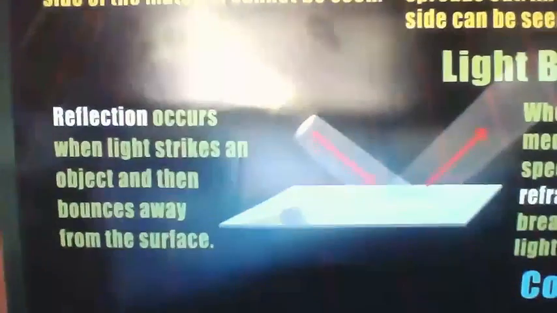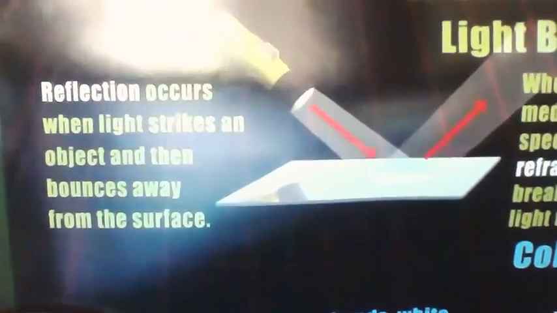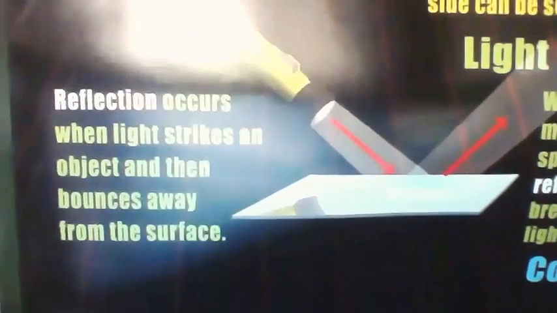And transverse waves, being light, the reflection occurs when light strikes an object and then bounces away from the surface at right angles. They must bounce at right angles. Okay? What is a right angle?